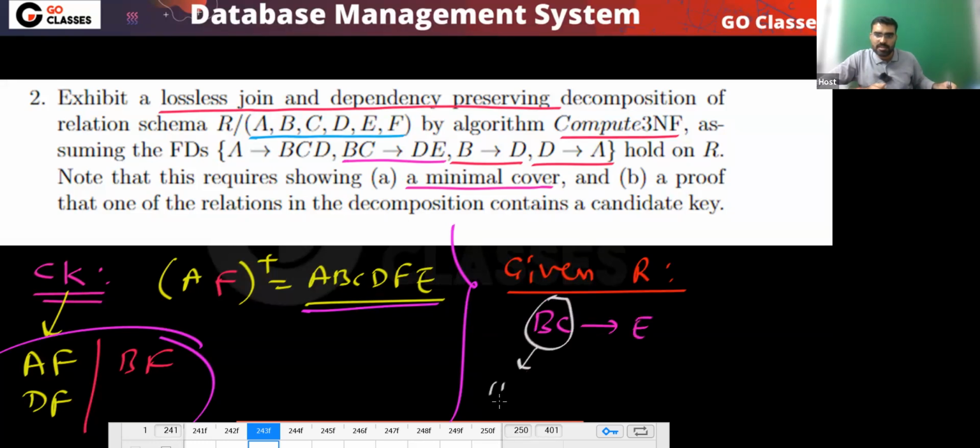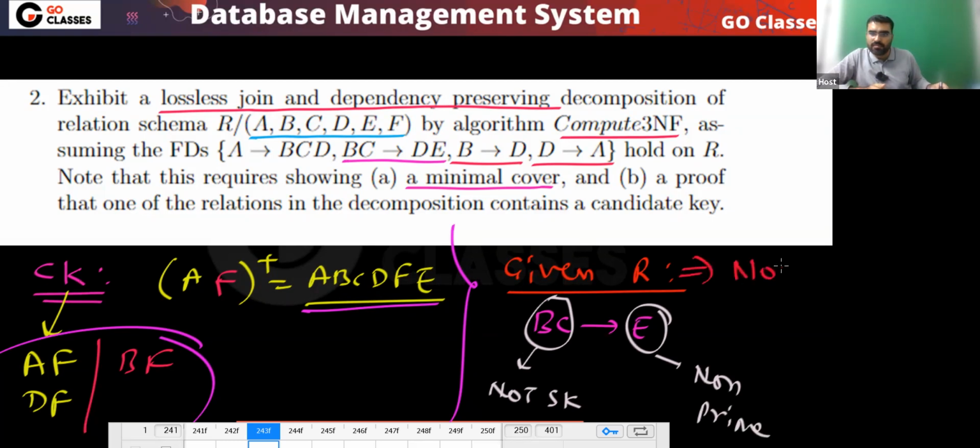This is not a super key, and E is non-prime. So given R is definitely not in 3NF.